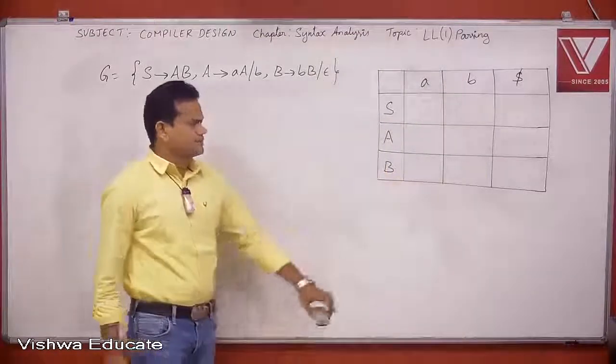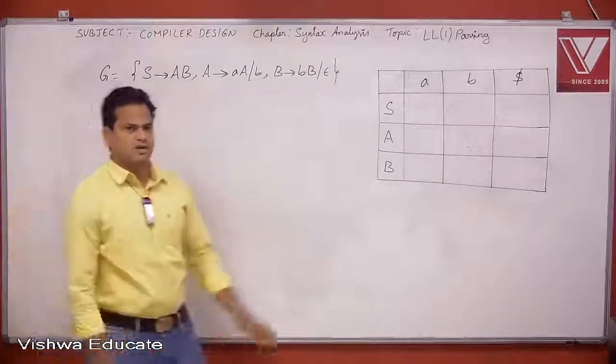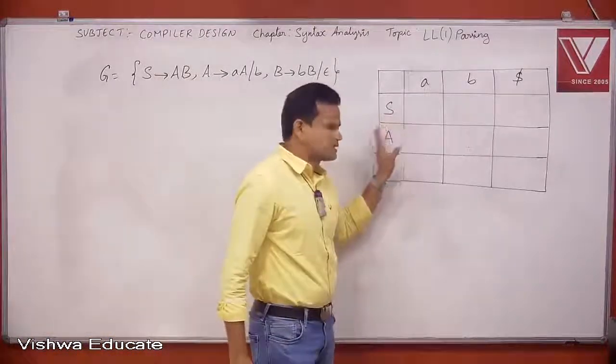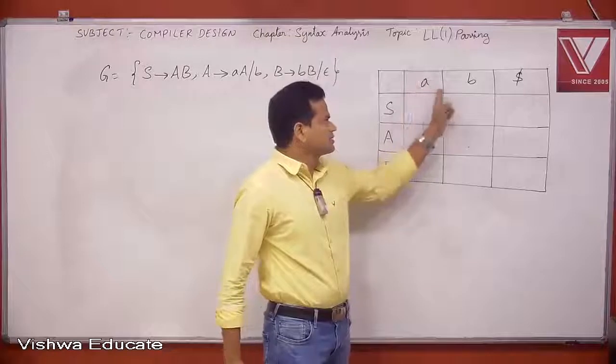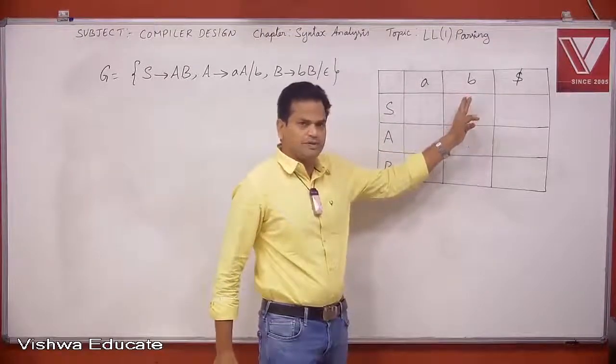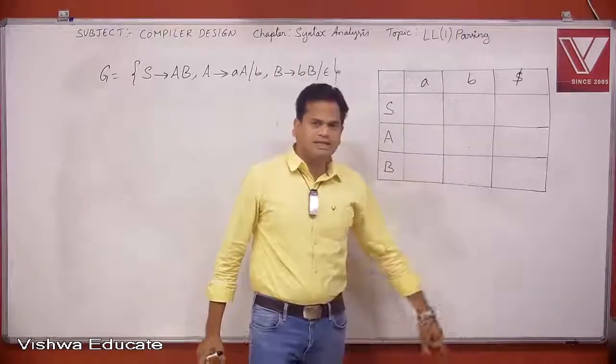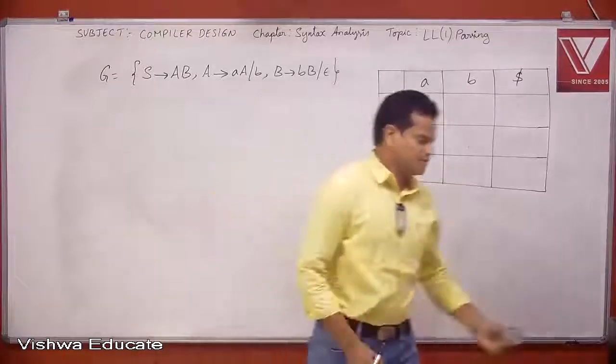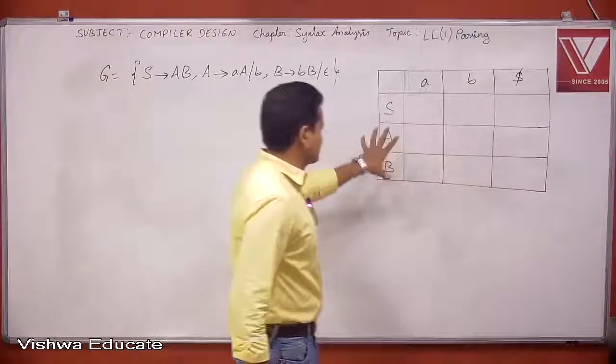Okay. This is the structure of the table. So all the non-terminals in the rows, all the terminals in the columns, excluding epsilon, including dollar. Now, how to fill this table?